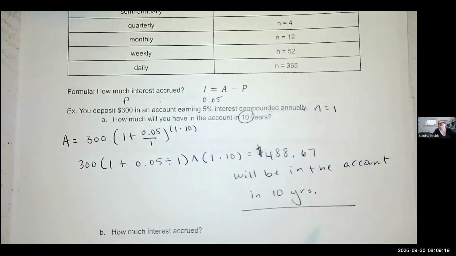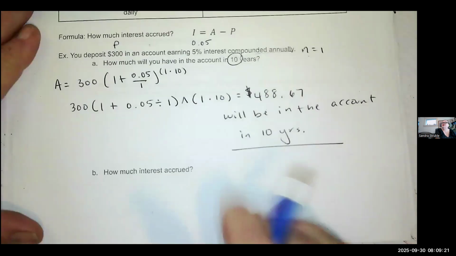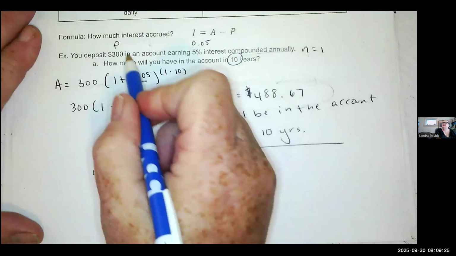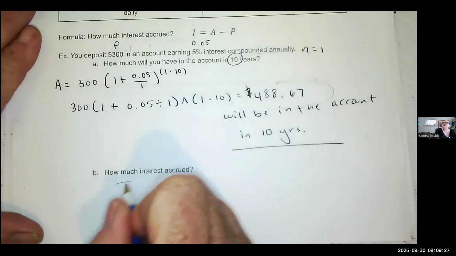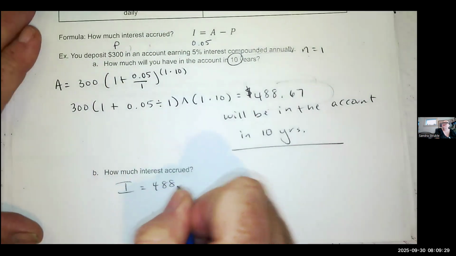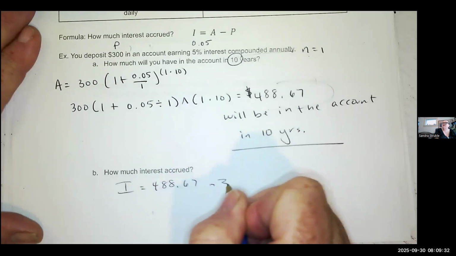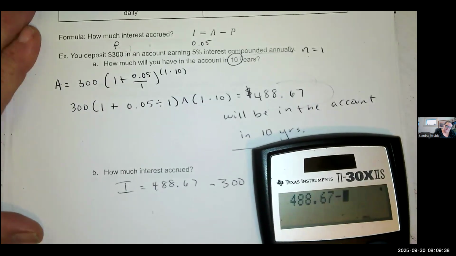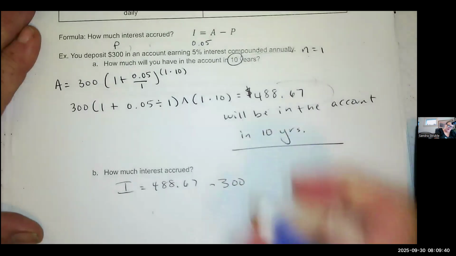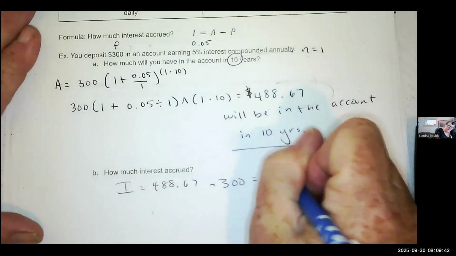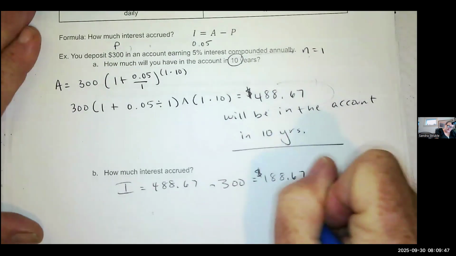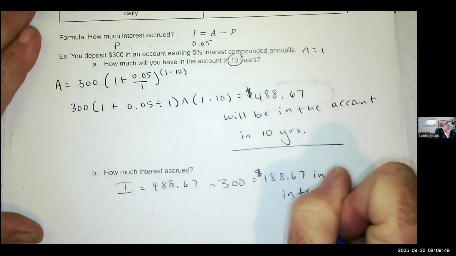Here's the answer. How much interest accrued? That's the ending amount minus the starting amount. So interest is 488.67 minus 300. Make sure you clear your calculators, otherwise it will be wrong. And it's $188.67 in interest accrued.